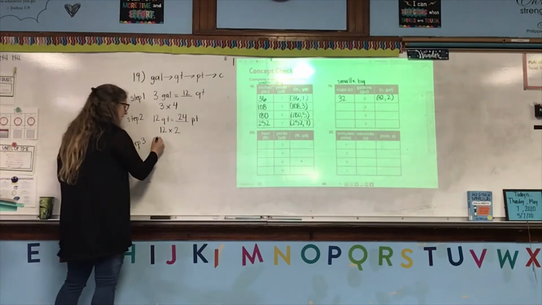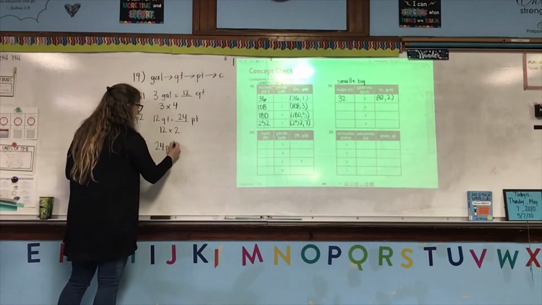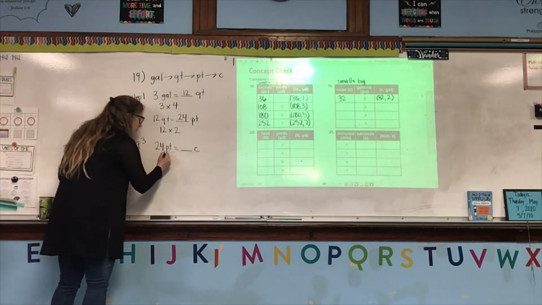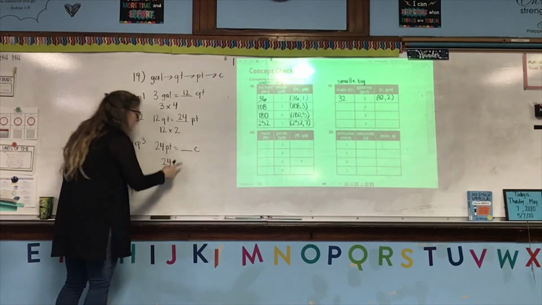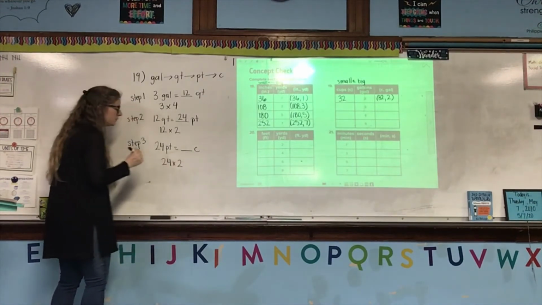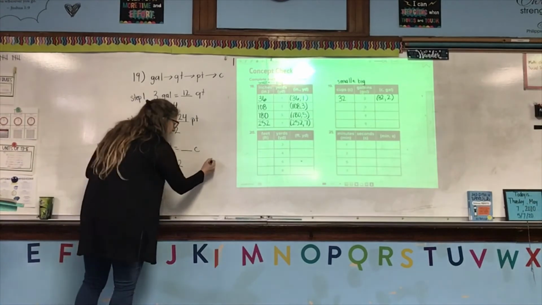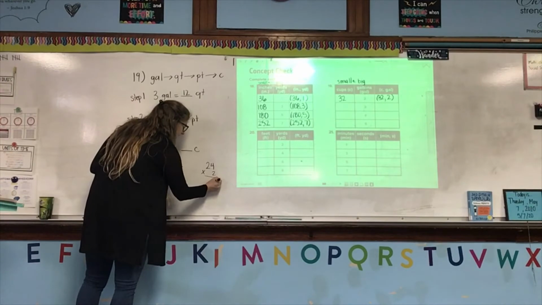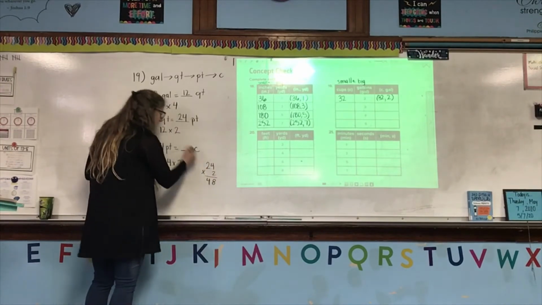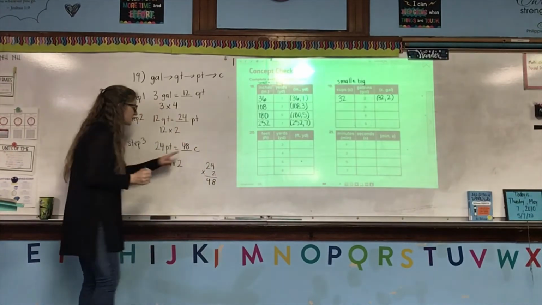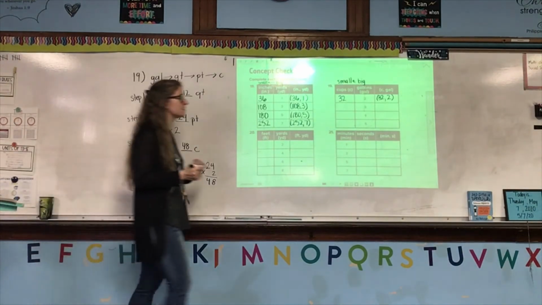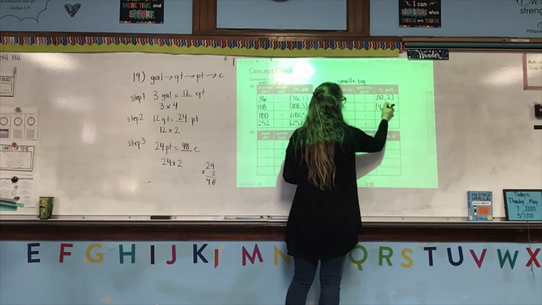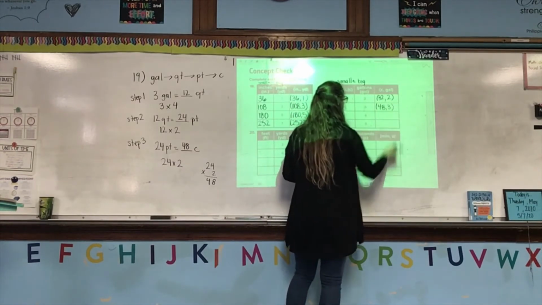So now step 3, I take my 24 pints and figure out how many cups are in there. I know I'm going to multiply 24 pints by the number of cups in a pint, which is 2. This is not a basic fact, so I need to solve it to the side. 4 times 2 is 8. 2 times 2 is 4. So that means there are 48 cups in 24 pints, which means that there are 48 cups in 3 gallons.